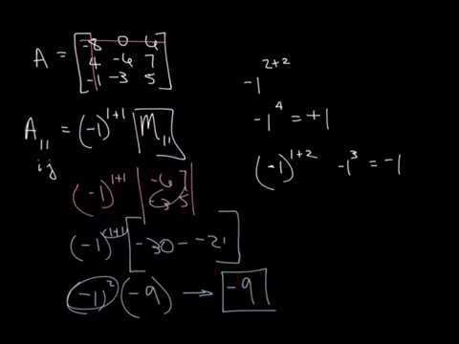So this is a very important part here, so you don't really even have to use the formula. You just add the row and the column that you're looking at. In this one we are looking at row 1, column 1. 1 plus 1 is 2, an even number, so our answer is going to stay the same.